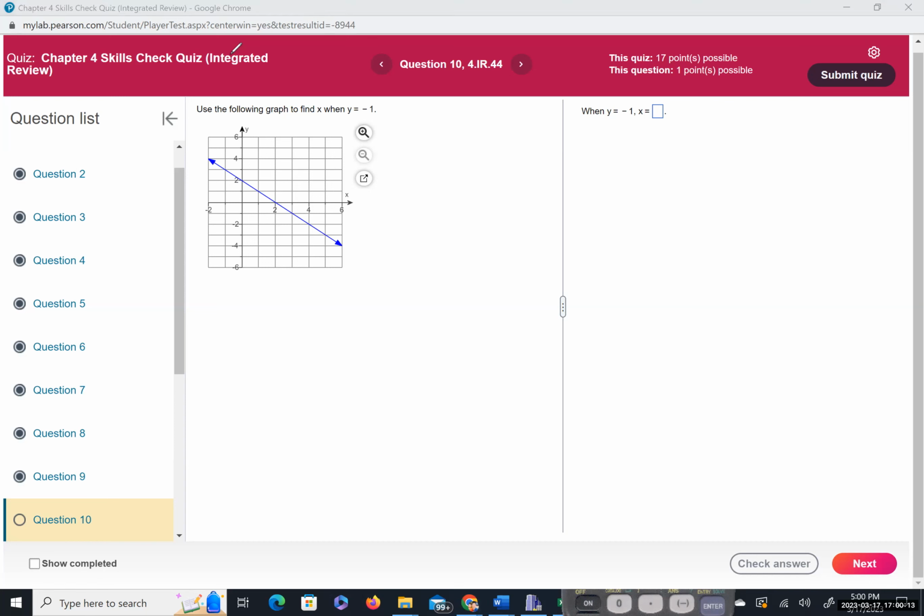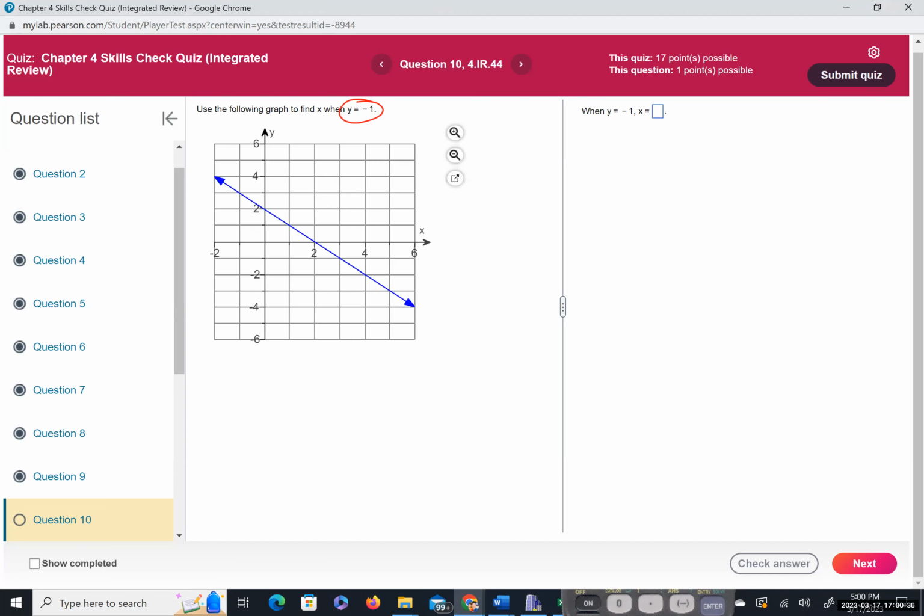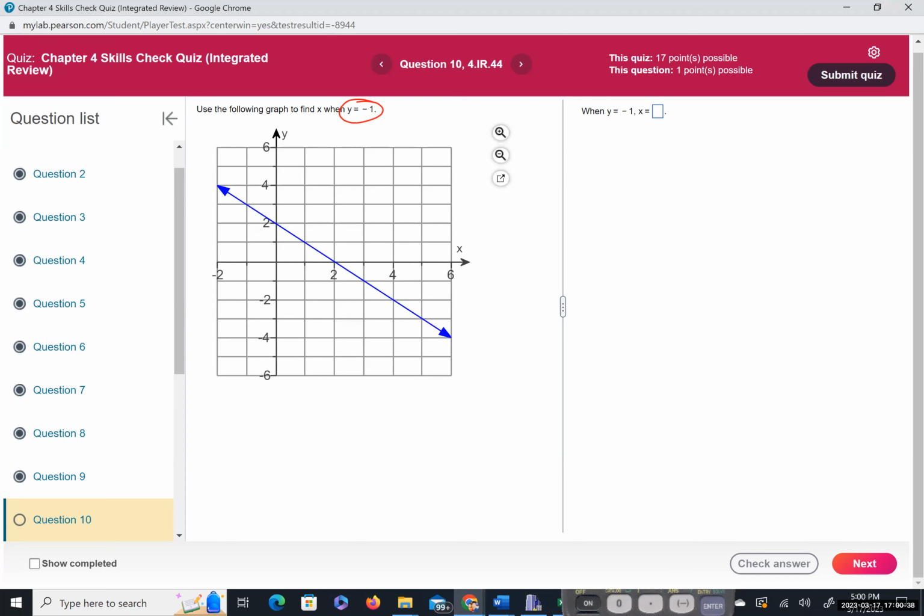So they say use the following graph to find x when y equals -1. When y equals -1, we mean you look at the y. I'm gonna make it bigger. Where is y equal to -1? Here, -1 here.